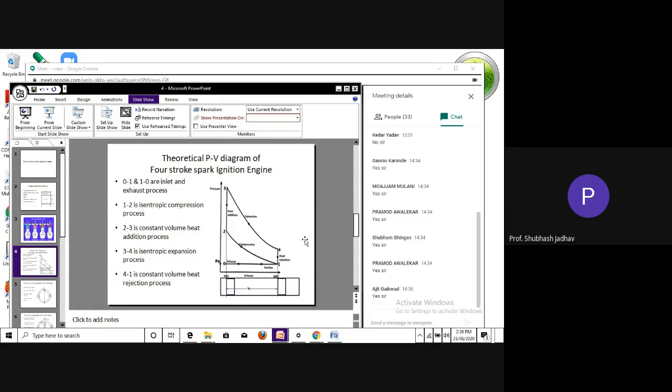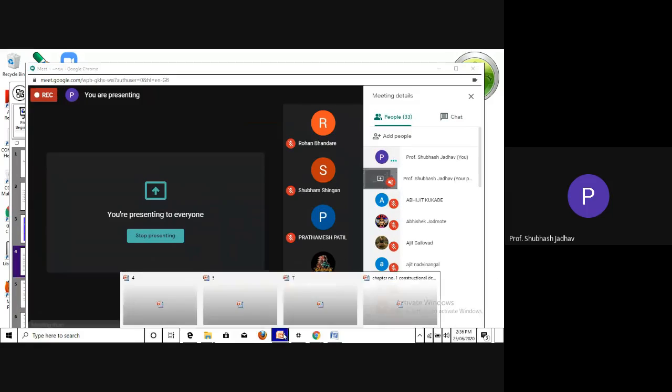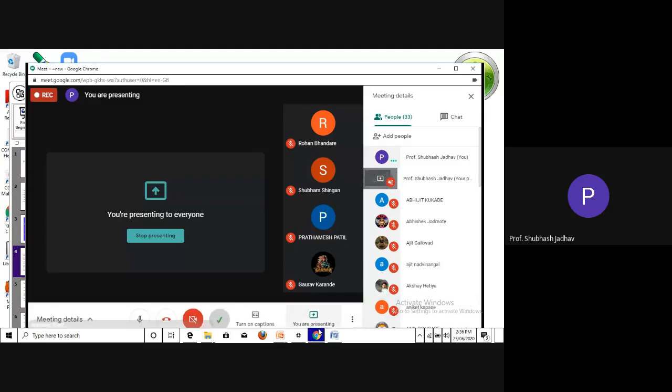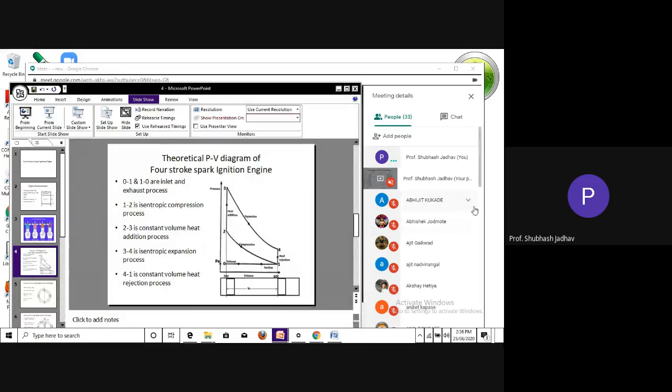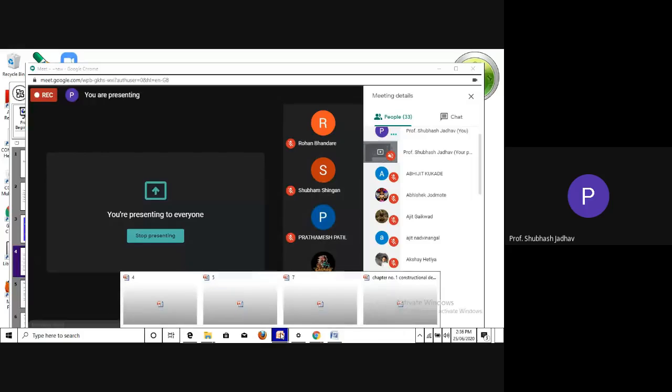Okay. Anybody else? Pramod, can you tell what is the process 4 to 1? Pramod Avlekar, can you unmute yourself and tell me? Abhijit Kukre, can you unmute yourself and tell me?